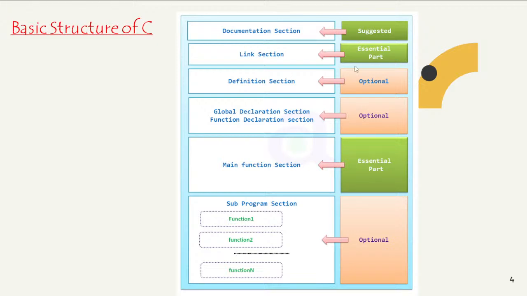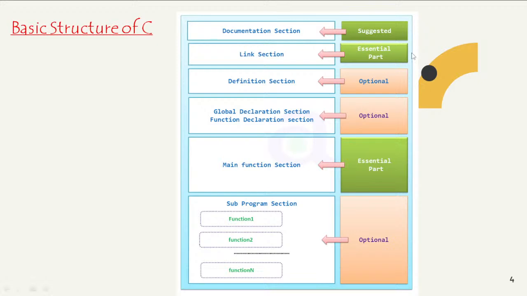You can observe here we have titles like suggested, essential, optional, right? These titles imply that the documentation section is a suggested section for you. If you write the documentation section in your program, it will help you later.